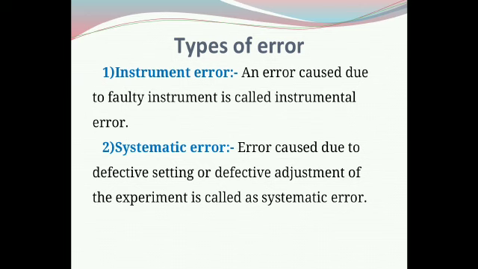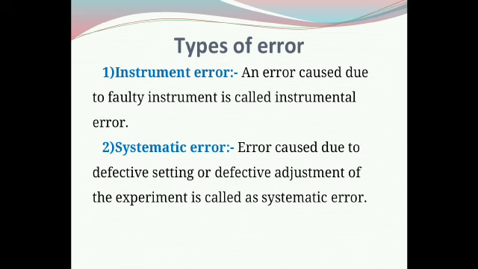For example, a locally made measuring scale having faulty calibration, say 1 centimeter on the scale actually corresponds to 1.1 centimeter. The length measured by such a scale will differ from its true value by a constant amount, and measured length will always be smaller than the true value by a constant amount. Hence such an error is called constant error or instrumental error.